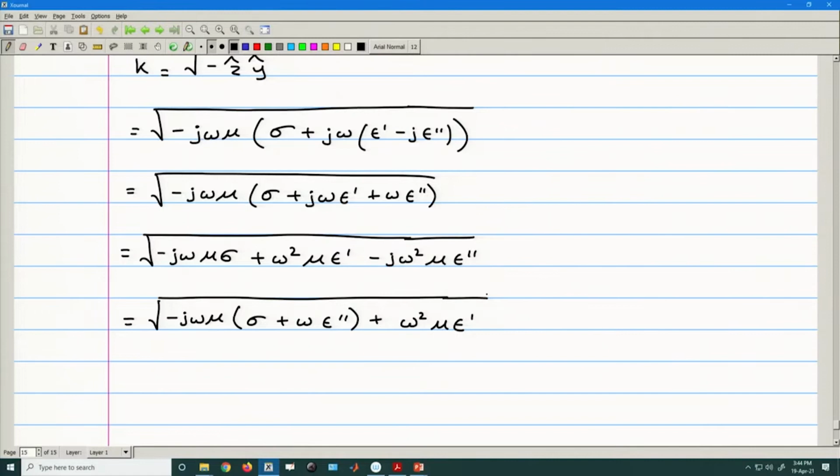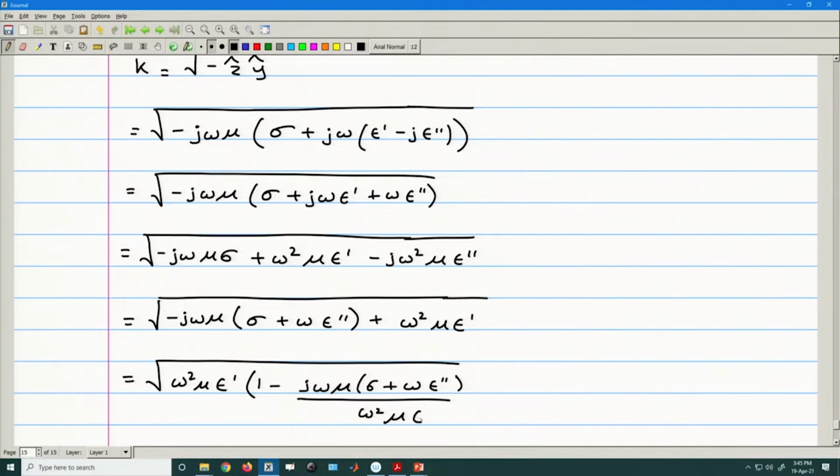Now, simplifying, omega square mu epsilon prime we have taken out, and then it is 1, then minus j omega mu times sigma plus omega epsilon double prime divided by omega square mu epsilon prime.